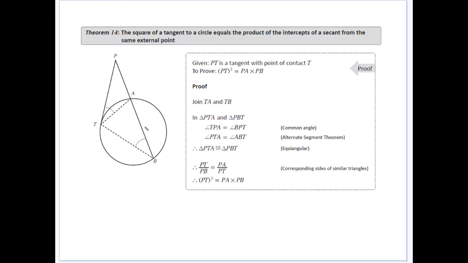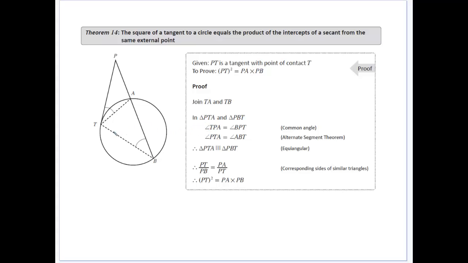And the last one is where we have a tangent to the circle, and then another line, which is the secant. The square on this side here, PT, would be equal to PA times the whole secant PB. Again, similar triangles are how we go about this.